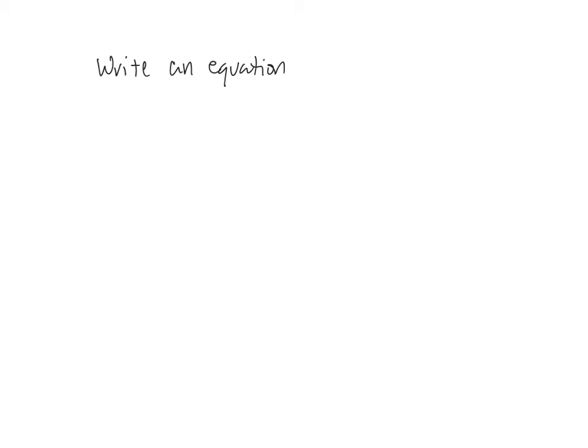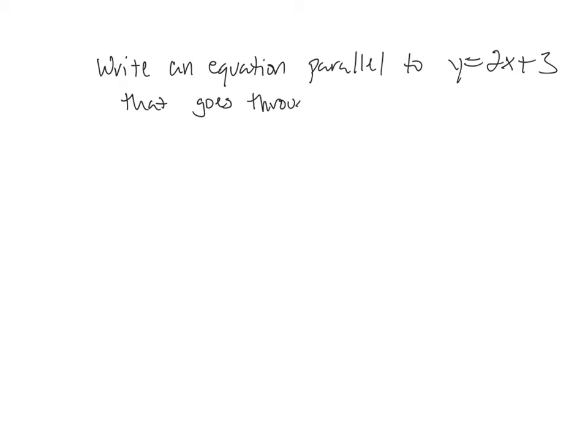So it doesn't say it, but we're going to write an equation in slope-intercept form, but parallel to, let's see, y equals 2x plus 3, that's pretty sloppy. That goes through 5, -4.